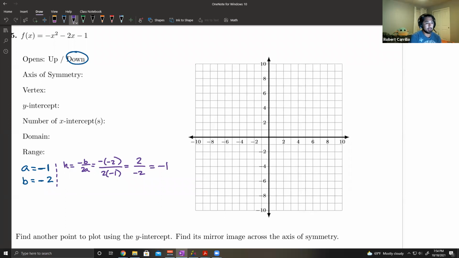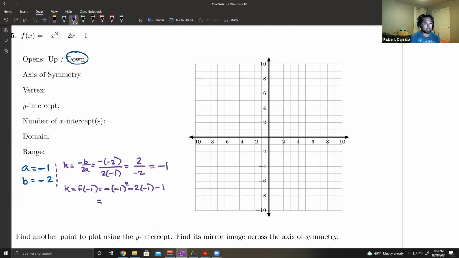Okay. And then to find k, you do f of negative 1 and plug negative 1 into the function above for every x. So you're going to have negative 1 squared minus 2 times negative 1 minus 1.